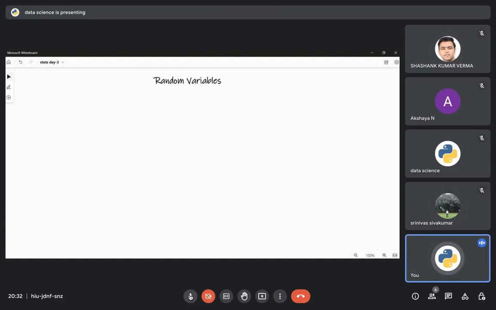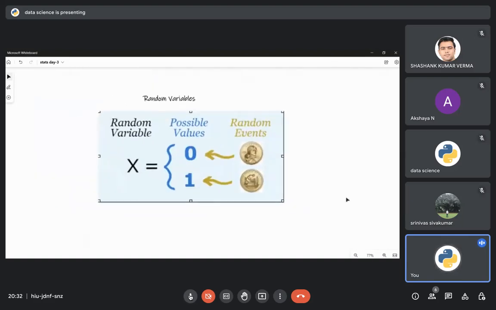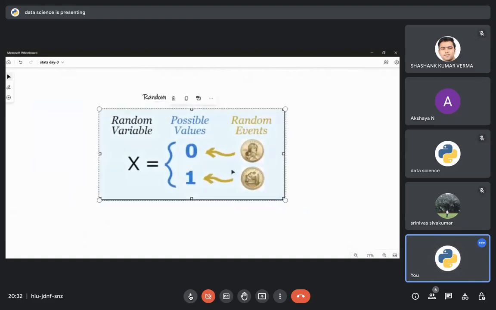So random variable, let me write, open this snipping tool. If I talk about a random variable with this diagram, you guys can see this screen, right? Yes, sir.